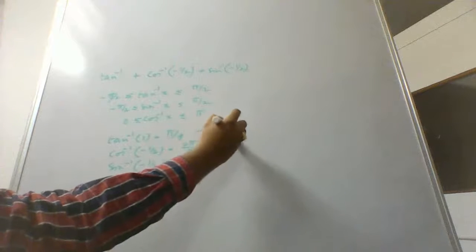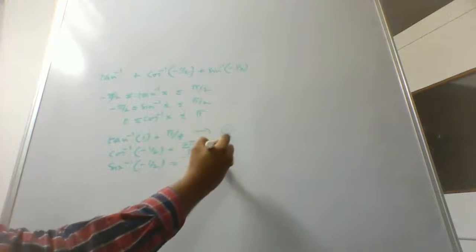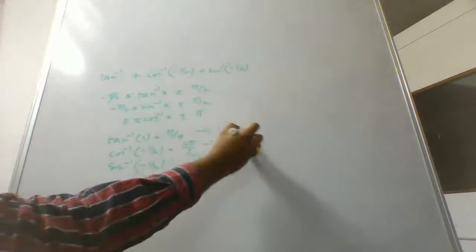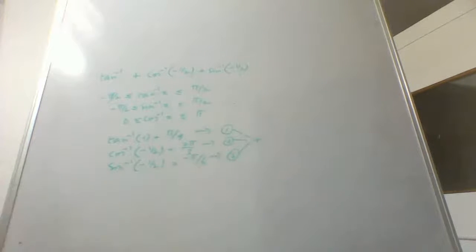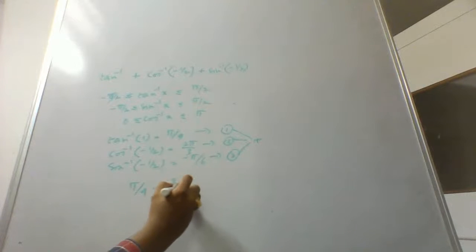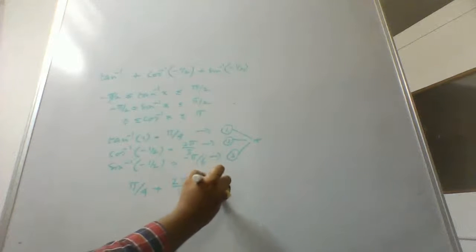Now add these three results: pi by 4 plus 2 pi by 3 minus pi by 6.